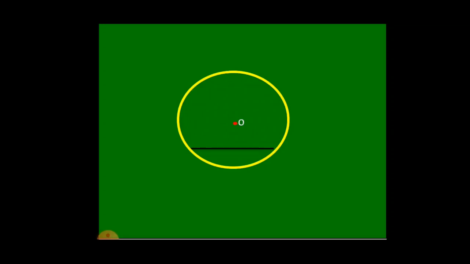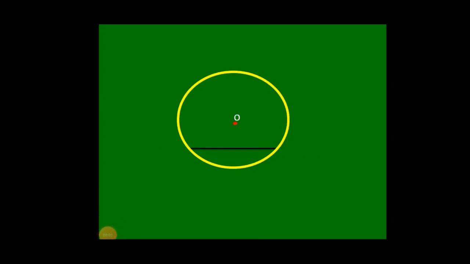Now, can you tell me into how many parts the circle is divided? Yes, the circle is divided into two equal parts, and each part is known as a semicircle. The upper part is one semicircle and the lower part is the other semicircle.